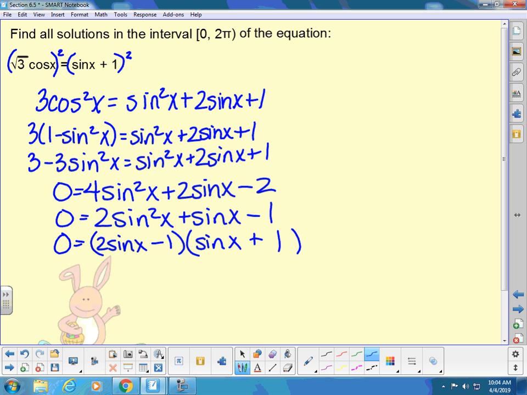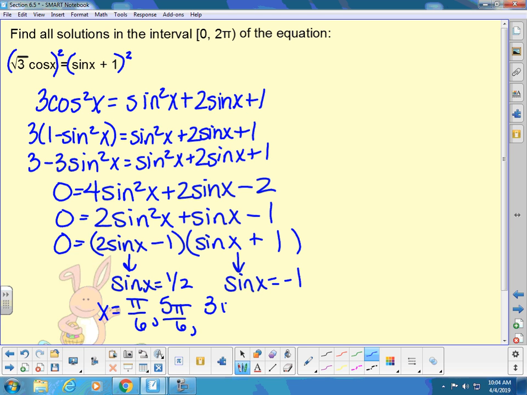My minus has got to be here. Sine equals -1. So we get, let's see, pi over 6, 5 pi over 6, 3 pi over 2. Good?